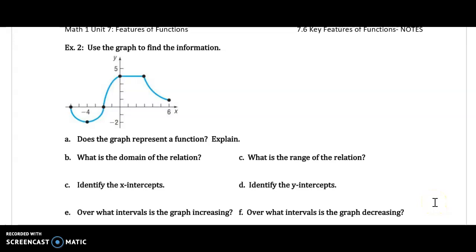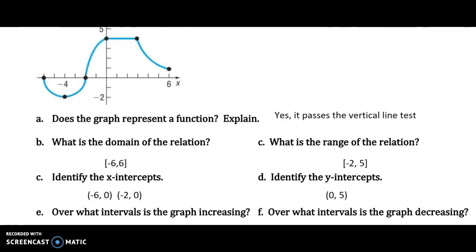All right, let's see what you can do with example number 2. Answer questions A through K regarding this function's graph. All right, so let's see how you did. So this is definitely a function because it passes the vertical line test.